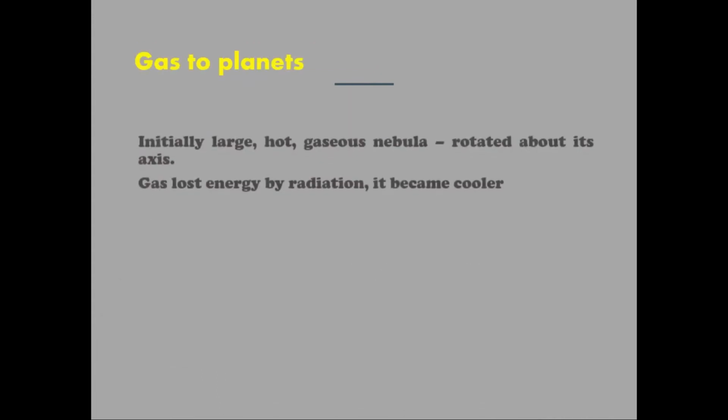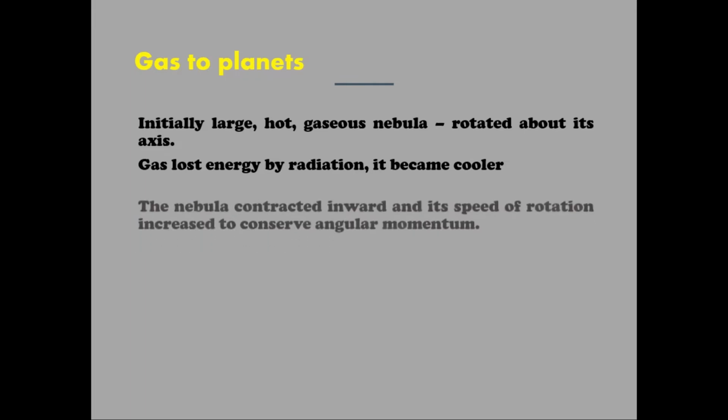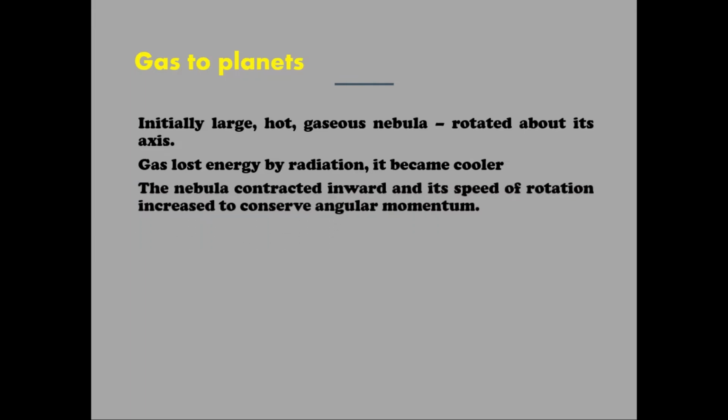Initially, there was a large, hot, gaseous nebula rotating about its own axis. Later, the gaseous materials lost their energy due to radiation and gradually cooled. On cooling, the nebula gas contracted inwards and its speed of rotation increased to conserve angular momentum.